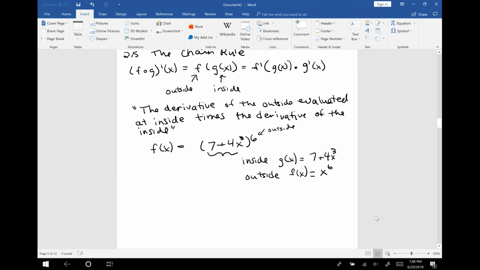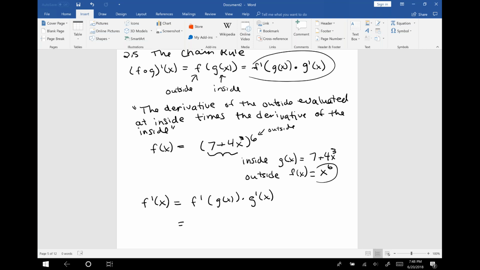So if we want to find this derivative, we want to find f prime of x using our formula up here. It says that it's going to be f prime of our inside function times g prime of x. All right, so the derivative of the outside. So we need to find the derivative of the outside function. So if we're finding the derivative of x to the 6th, we know this is 6x to the 5th, right?